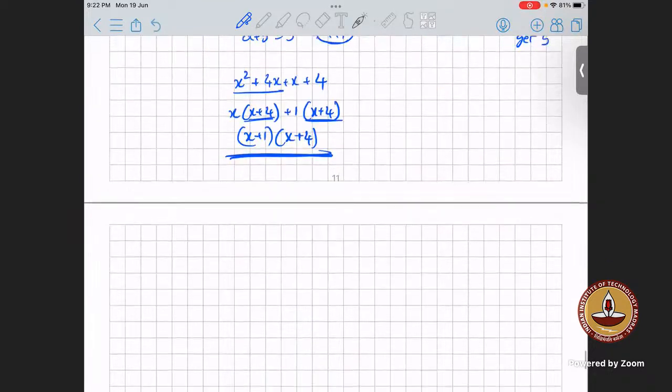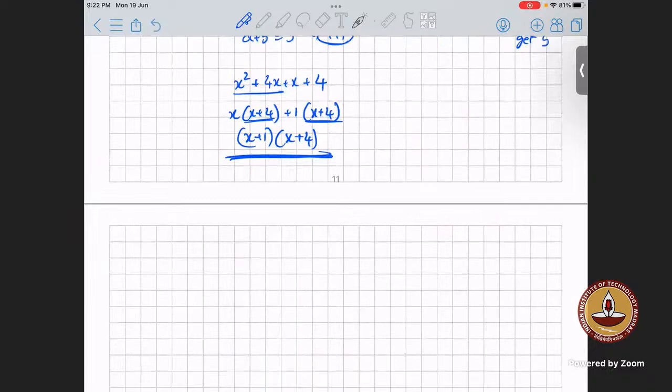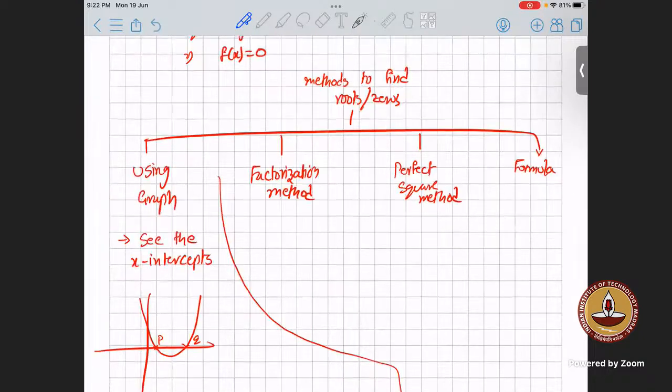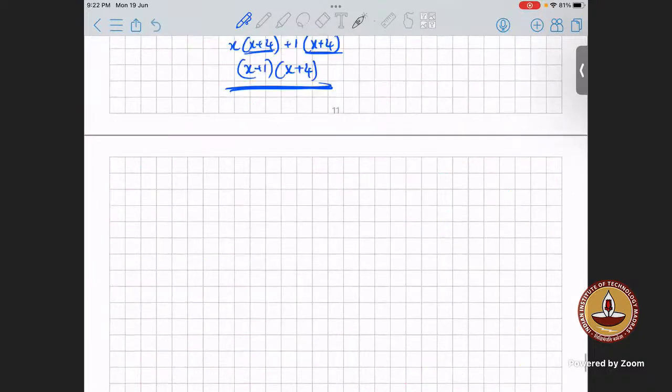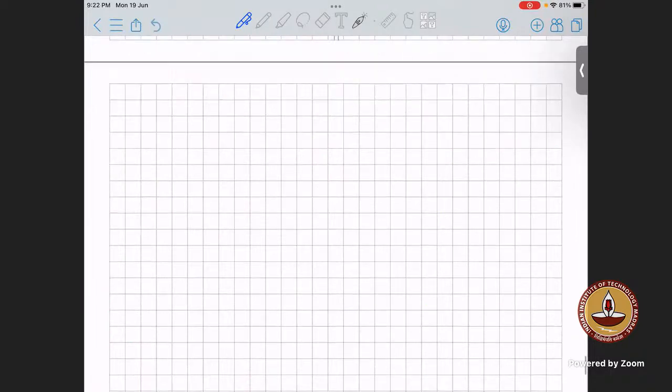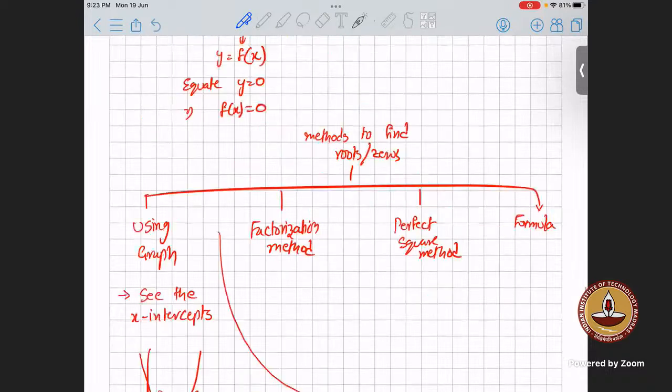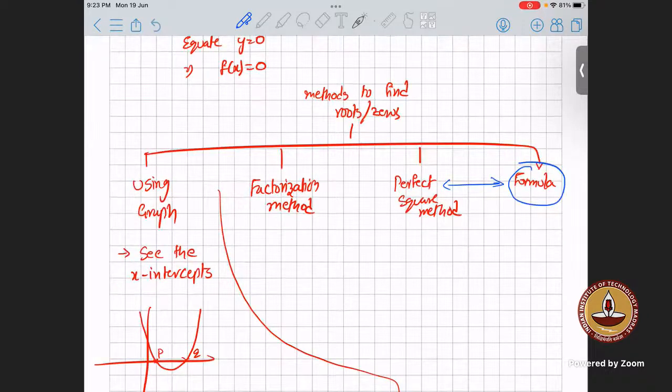Now coming to the other method, the perfect square method. Listen to this method very carefully. Perfect square method, some call it the complete square method. If you listen carefully, you can derive this formula, the quadratic formula.